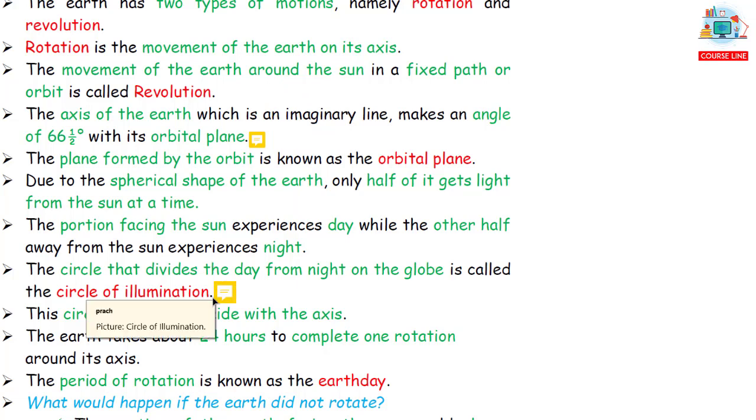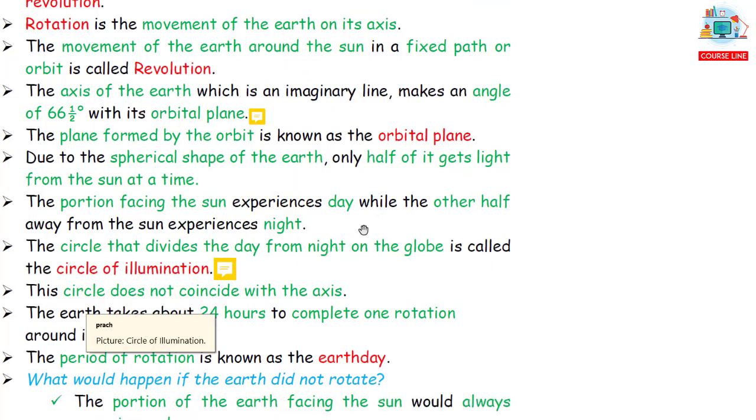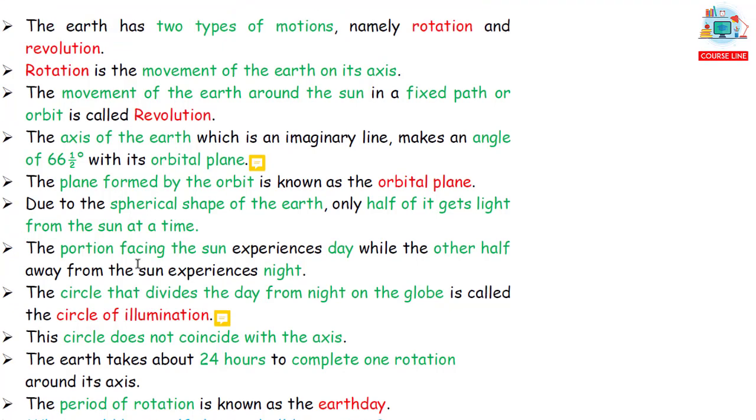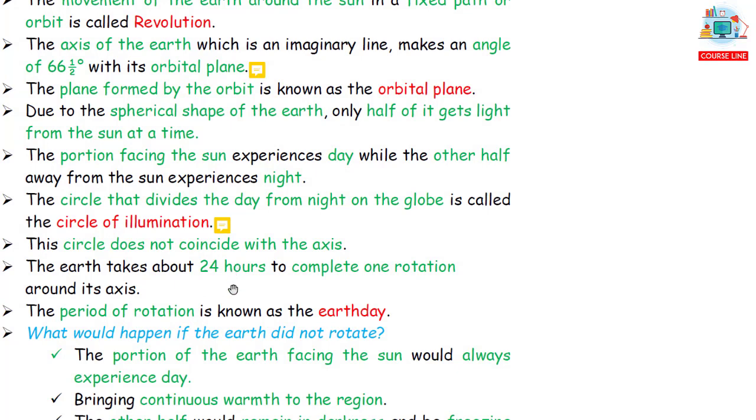Okay, what's next? The earth takes about 24 hours to complete one rotation around its axis. We have seen one type of motion is rotation, meaning the movement of the earth on its axis. And what time does the earth take to complete one rotation? It takes 24 hours to complete one rotation on its axis.